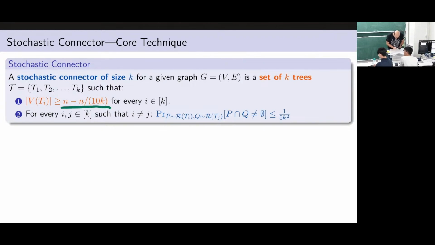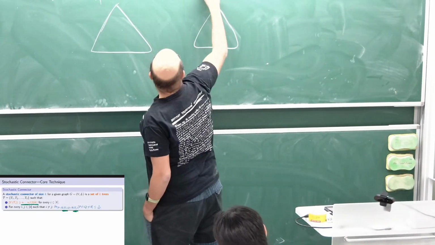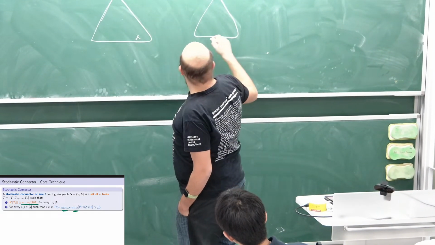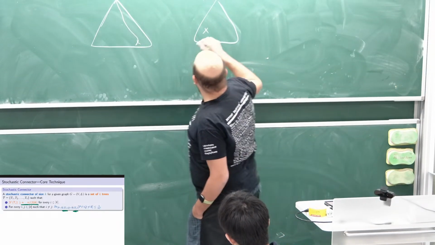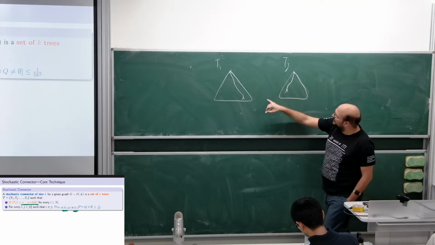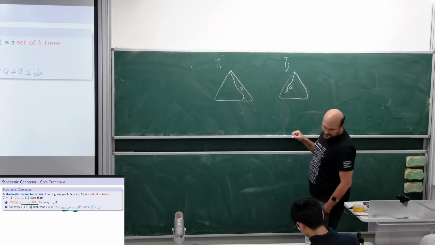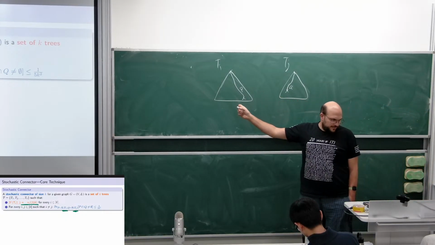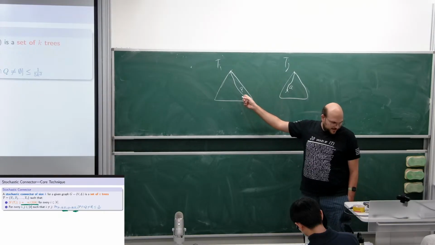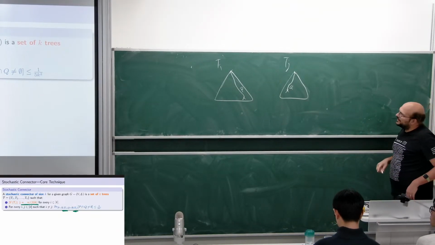But the more important property is the second one. Whenever we take two different trees, Ti and Tj, and we sample two random paths, one out of each, then the probability that those paths have some common vertices is at most 1 over 5k squared.